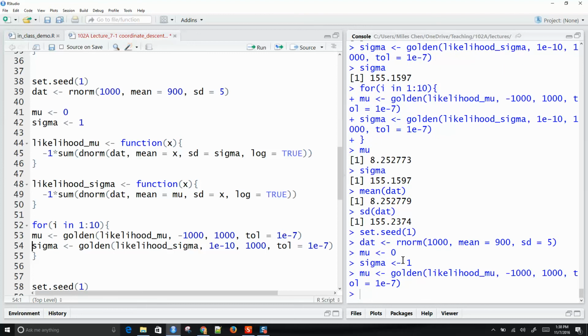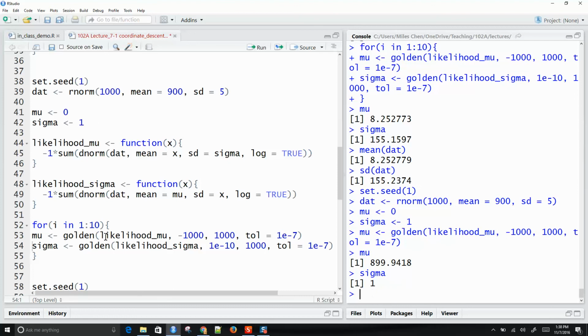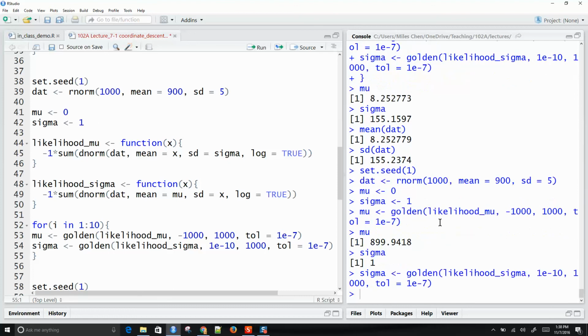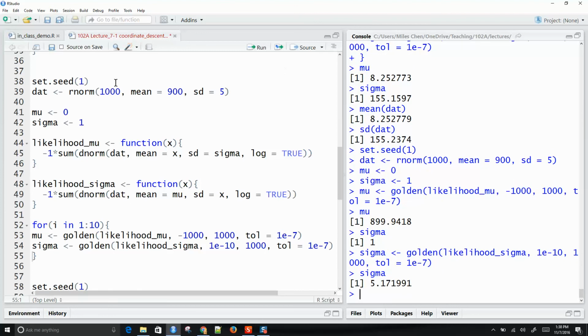So after one update, my estimate of mu is already very close to 900. My current estimate of sigma is 1. I'm going to just do one iteration of this, and now my estimate of sigma is right around 5. Okay, and I can just do a few more iterations and see if that really changes anything.